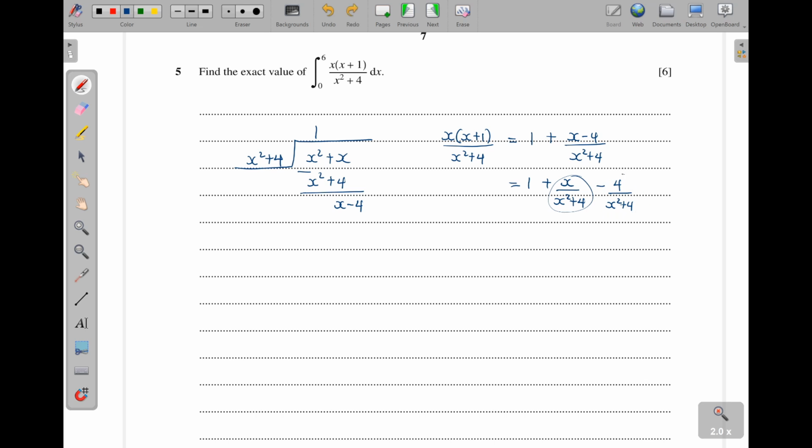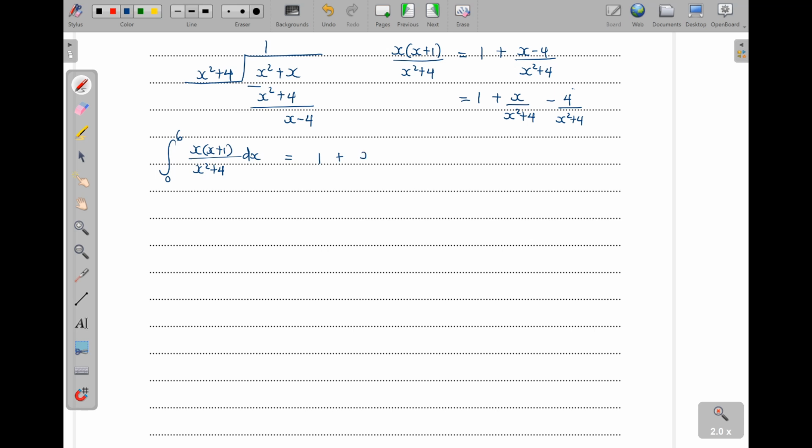The numerator. The integral of x into x plus 1 out of x squared plus 4, then this is 6, this is 0 with respect to x. This one is going to be 1, then plus x over x squared plus 4, and then minus 4 over x squared plus 4.